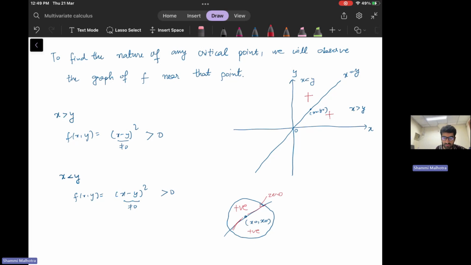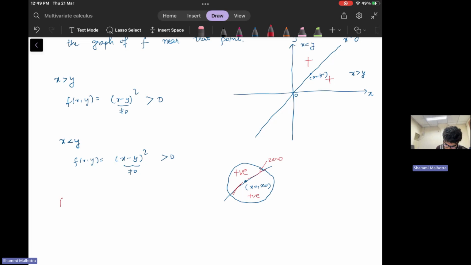So you can see that the point x naught comma x naught takes the value 0, the least value we could possibly have in any neighborhood. So we see that f of x naught comma x naught is 0, and this is less than or equal to f of x comma y, where x and y belong to a neighborhood of x naught comma x naught.